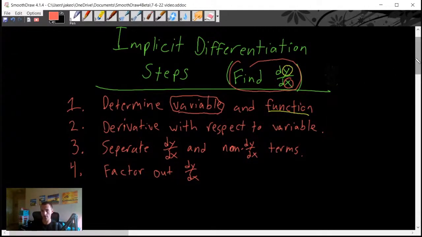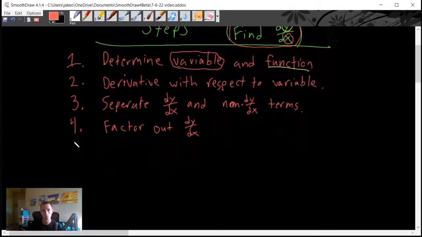And why that's great is because once we have done that, we can pretty easily move everything that is on the same side of the equation as the dy dx over to the other side of the equation, typically by just dividing that whole side of the equation by whatever's in the parentheses.